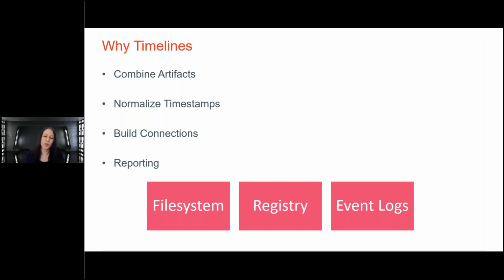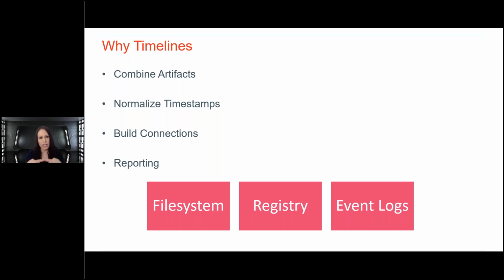The really cool thing about timelines is it helps you build these connections. Now, instead of going and looking at all your artifacts in different places, you can pivot into when something happens. So it's like, okay, I can see this malware launched in the UserAssist in my registry key. But I want to know, how did that person connect into the system to do that?